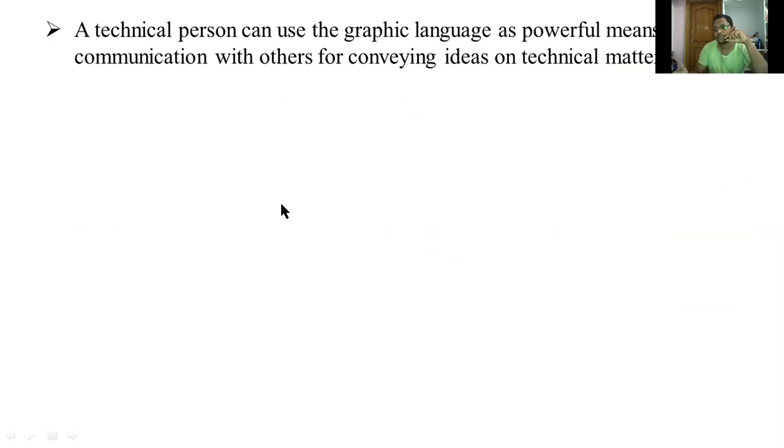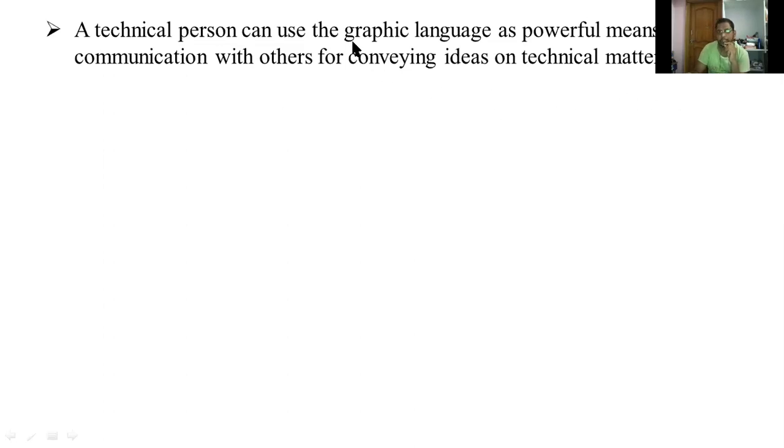Before going to the topic, first of all you have to know the importance of drawing. A technical person can use the graphic language as a powerful means of communication with others for conveying ideas on technical matters.